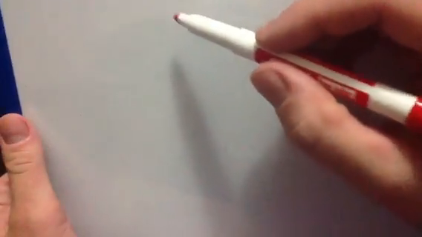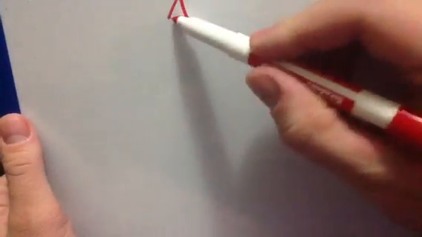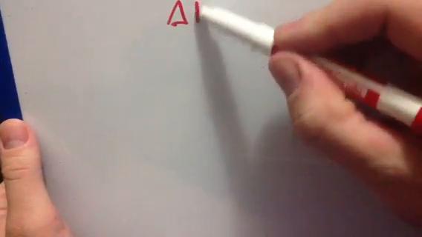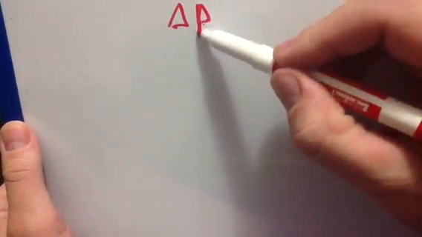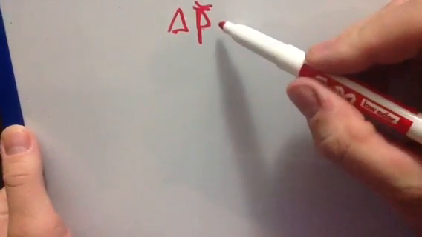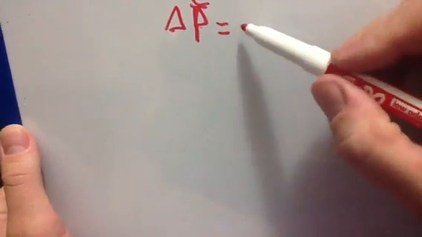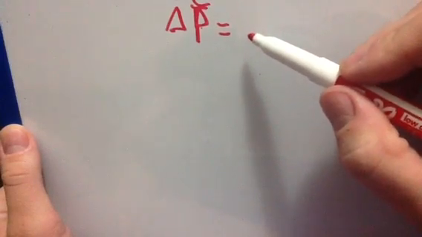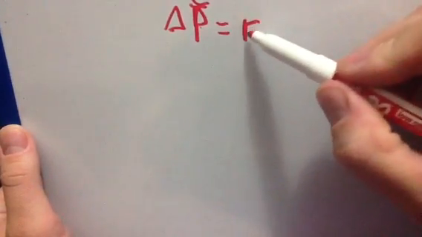So I said, okay, if I want to change an object's momentum, what I'm going to have to do is apply a force.